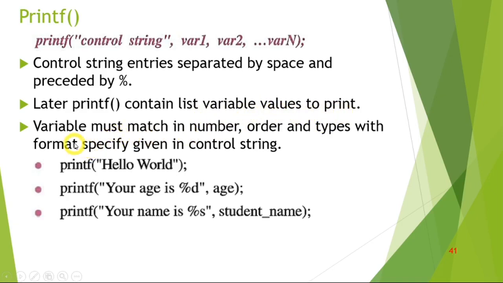The variables must match in number, order and types the format specifiers given in the control string, which I already told you in previous slides. Printf hello world. Printf your age is %d. Then you have to specify the variable. Then printf your name is %s, because a name has so many alphabets or characters.